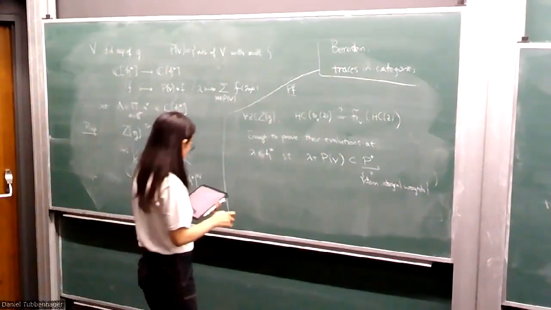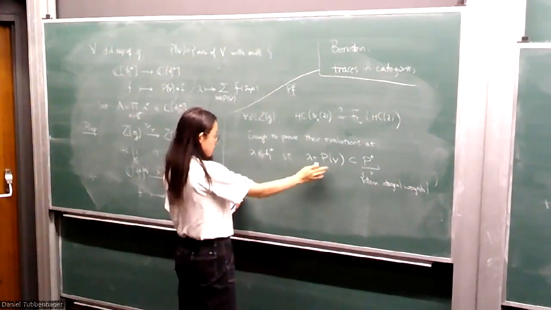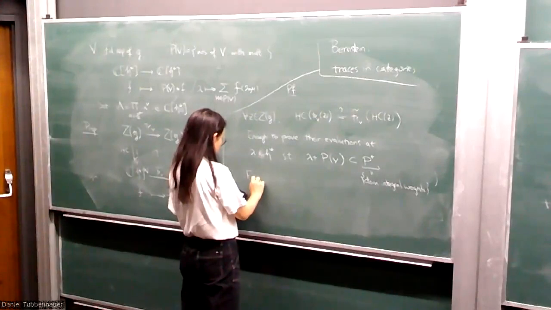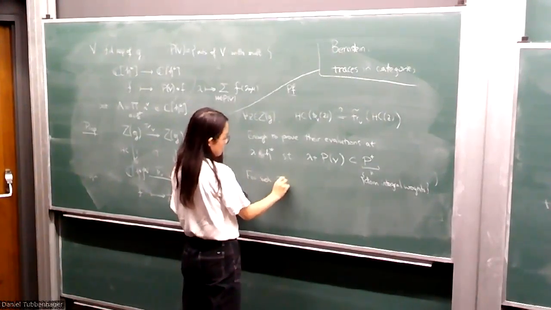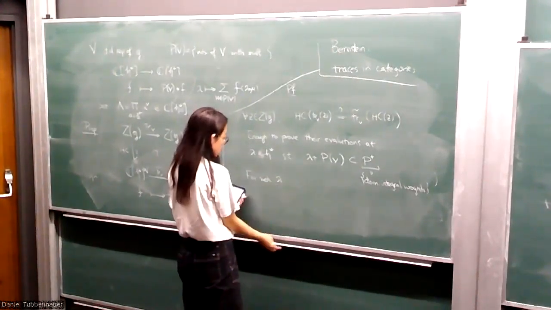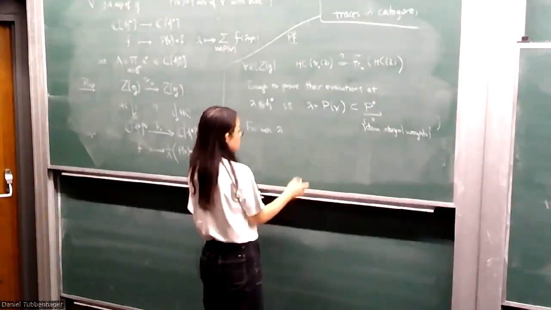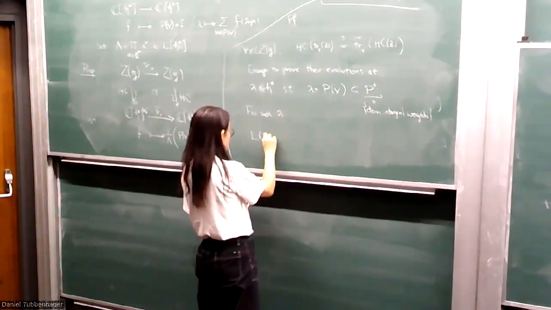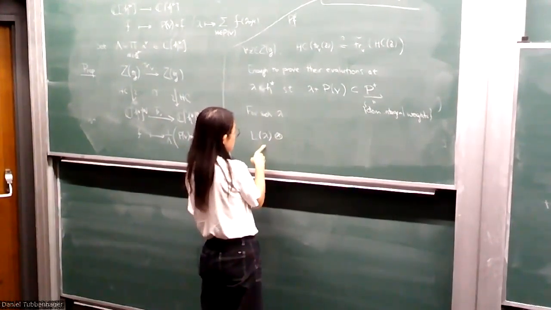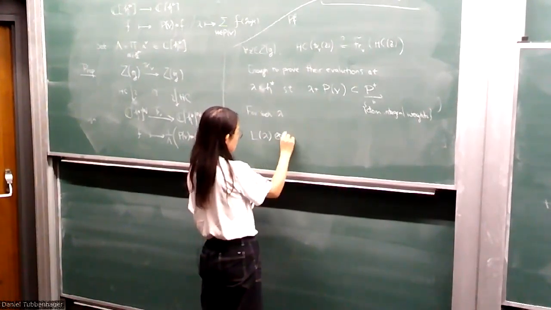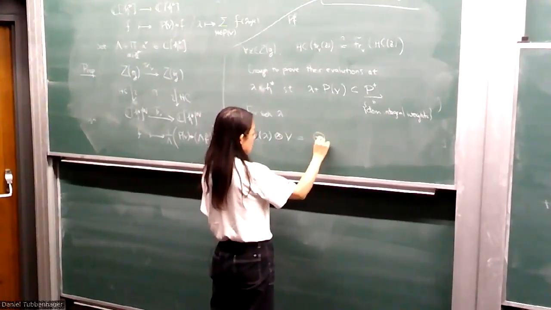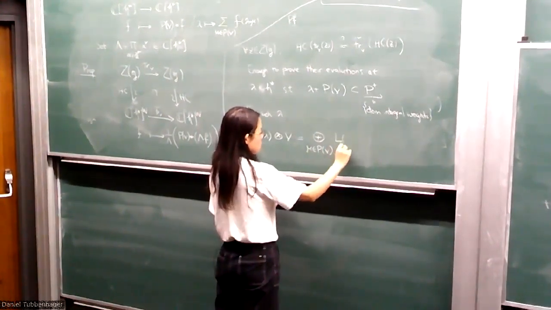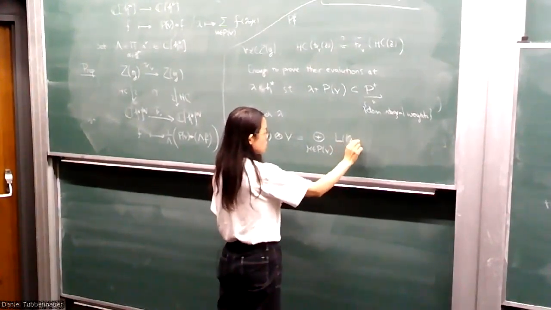And the next thing is, for such lambda, because any weight in V is dominant, using the Weyl character formula we can check that the finite dimensional representation L_lambda tensor V is just the direct sum over all the mu's of L_(lambda plus mu).